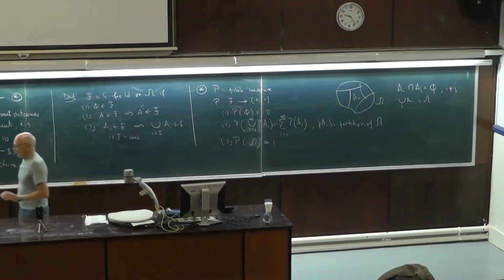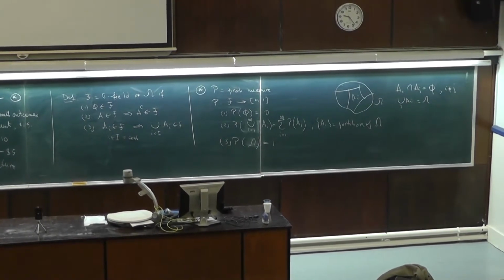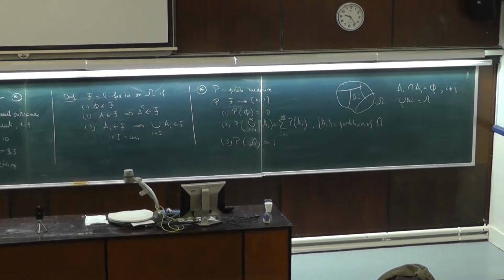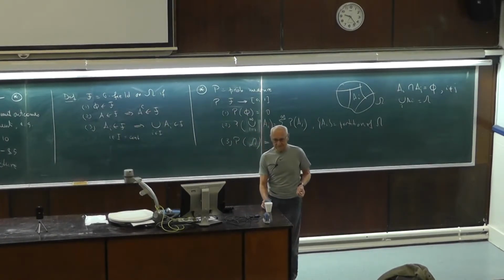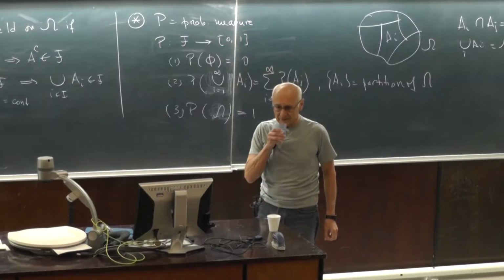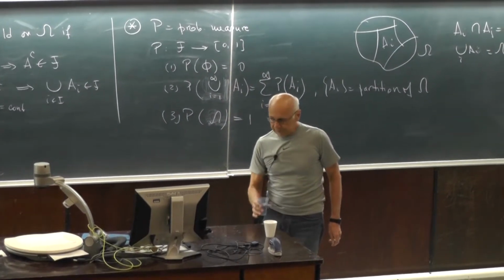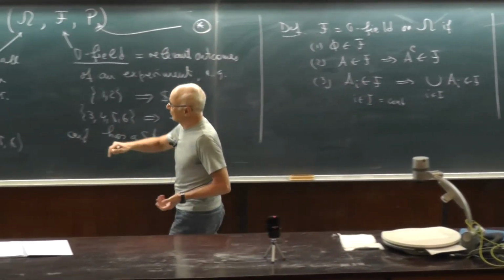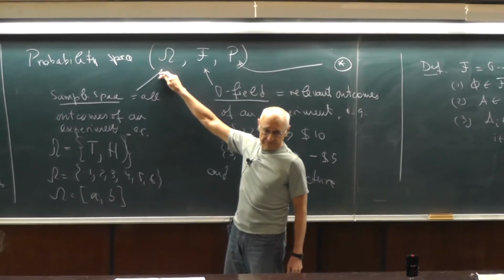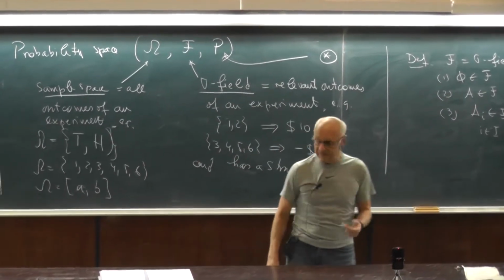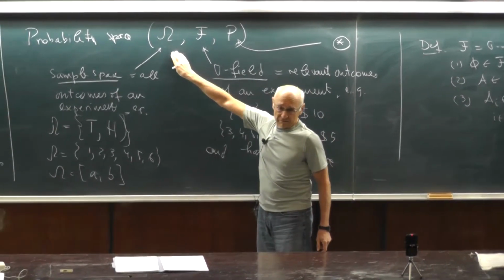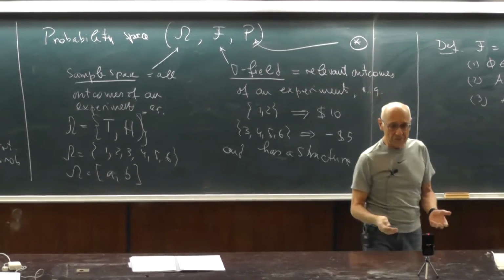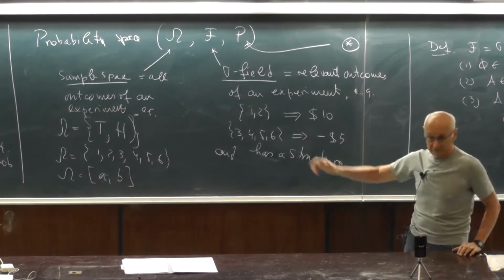Okay? So let's summarize where we are and begin to use these concepts. It's important, if something is not clear at this stage, please let me know, and I'll try to use some other example to clarify. So we're saying that the framework of probabilistic calculations is this probability space, which has 3 ingredients. The sample space collects all the outcomes of the experiment, and we had some examples.